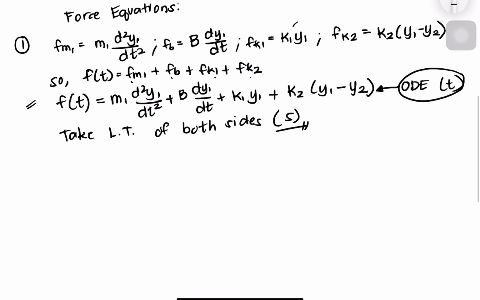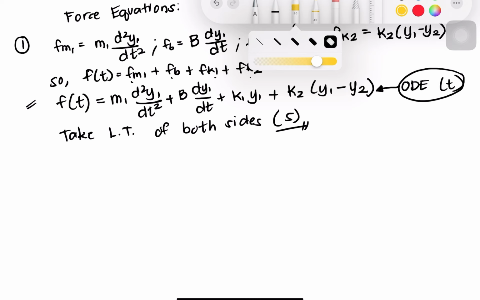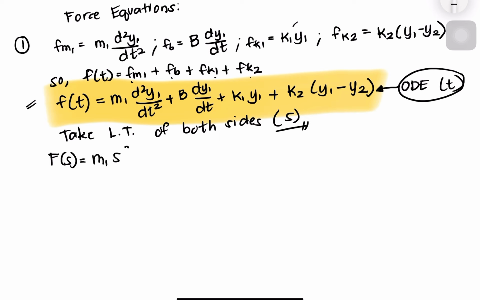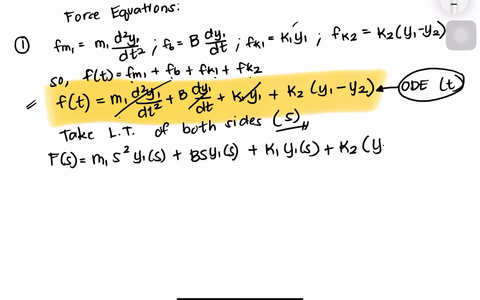So based on this equation, Ft becomes F of s = m1 s² Y1 of s, plus b s Y1 of s, plus k1 Y1 of s, plus k2 (Y1 of s minus Y2 of s).